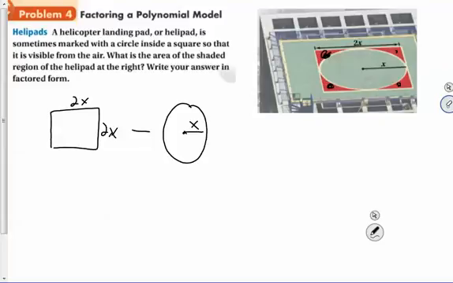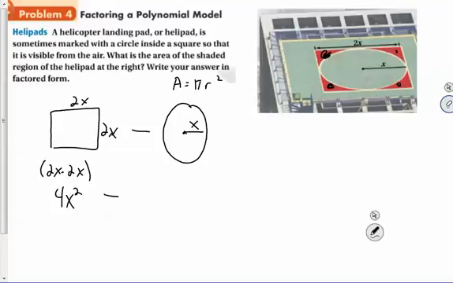So the area of a square is side squared, so this is 2x times 2x, and that gives me 4x squared, right?